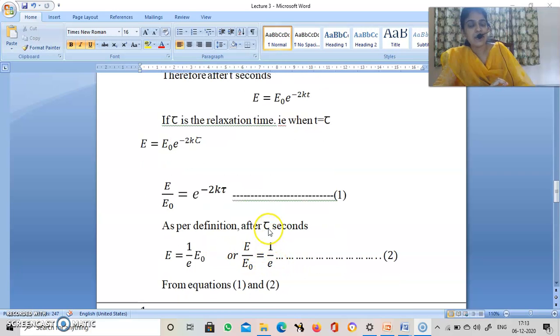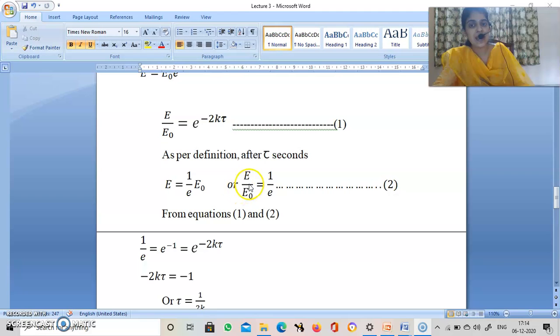Now, as per the definition, after tau seconds the energy becomes 1 by e of its initial value E0. So E is equal to 1 by e of E0, or E by E0 is equal to 1 by e. Now look at these two equations. In the first equation, E by E0 is equal to e raised to minus 2k tau, and in the second, from the definition of relaxation time, E by E0 is equal to 1 by e.